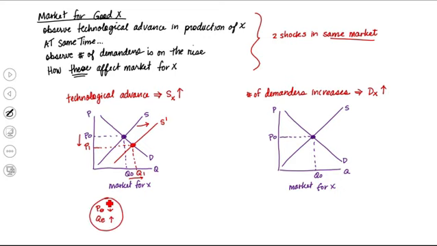But that is the effect only of the technological advance, and we still have the demand shock to contend with. So let's draw our demand shock. So I'm on the right side now. Number of demanders increased, so that causes demand to go up. I've shifted my demand curve to the right, and again, I'm labeling my new demand curve D1.